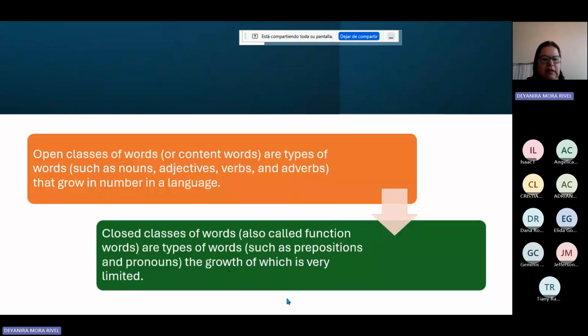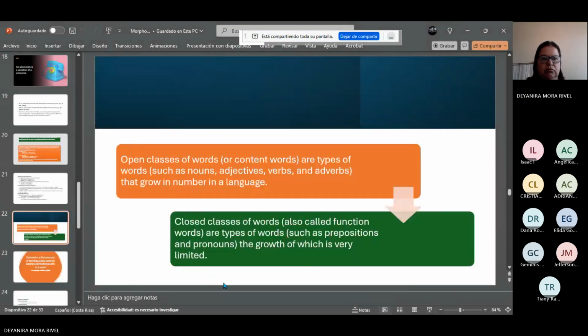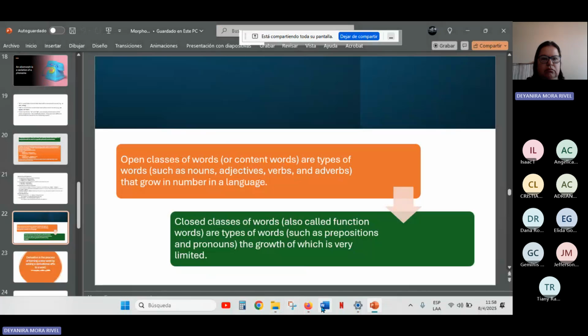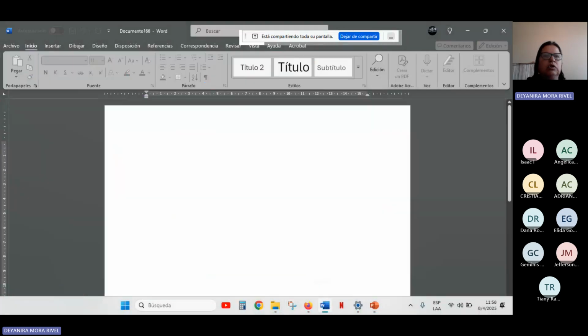Let me see. For example, pronouns. Okay, so theory says, right? Let me open it.